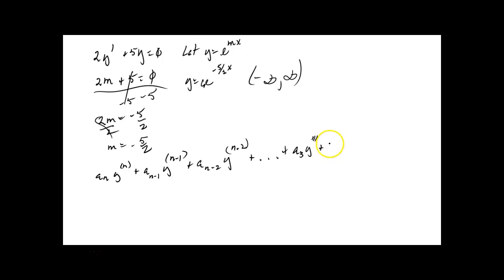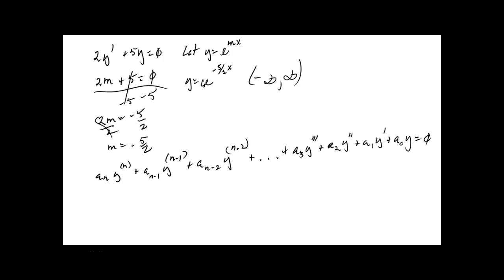Yeah, plus a sub 2 y double prime plus a sub 1 y prime plus a sub 0 times y equals 0. Okay? There's your generic linear ordinary differential equation with constant coefficients.